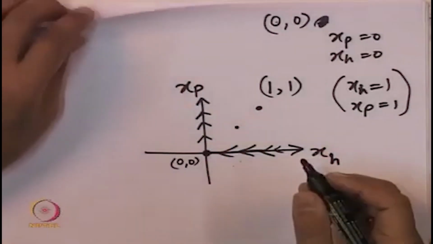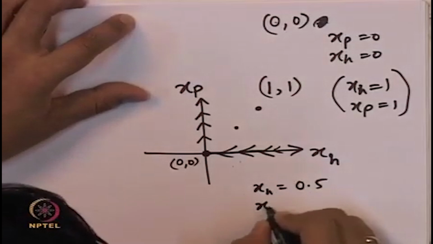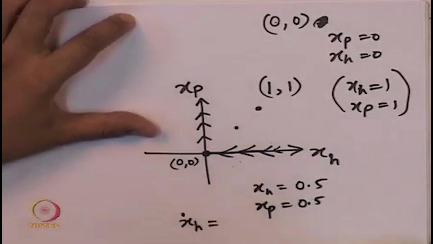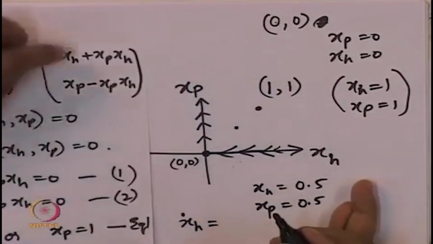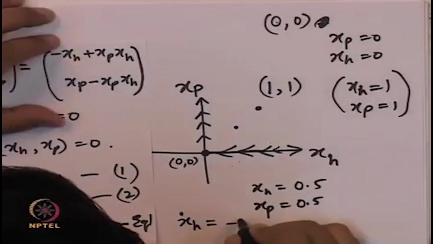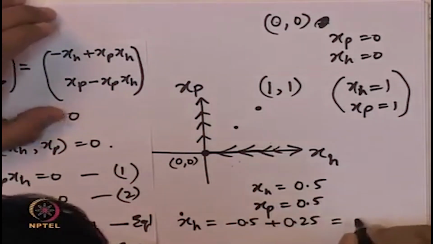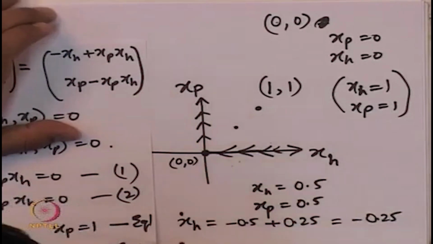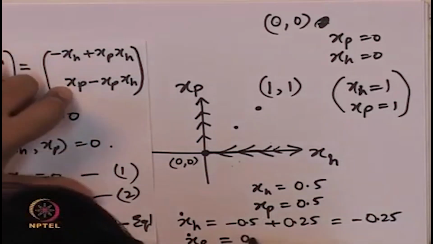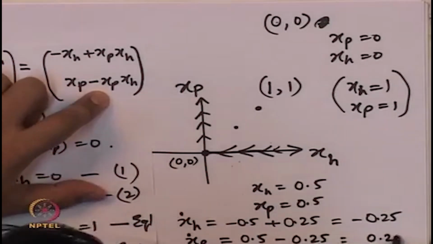At xh equal to half and xp equal to half, we get xh dot equal to, just substituting 0.5 in place of these two, minus 0.5 plus 0.25, which is equal to minus 0.25, and xp dot is just 0.5 minus 0.25, which is equal to 0.25.